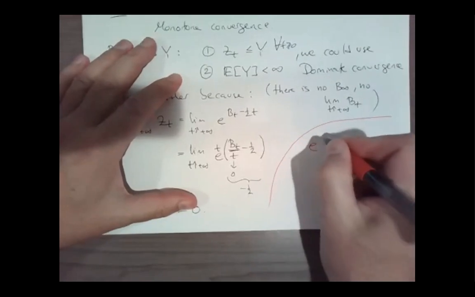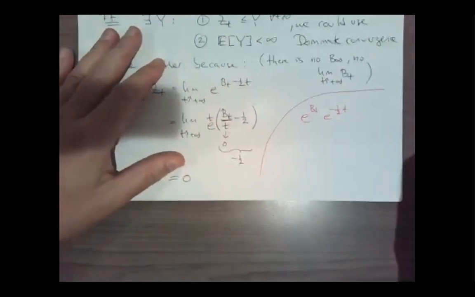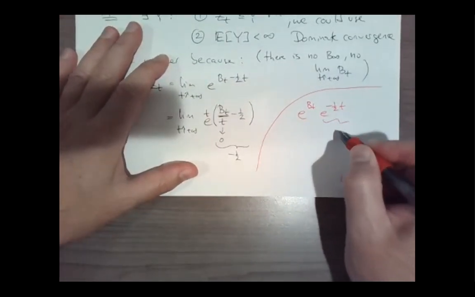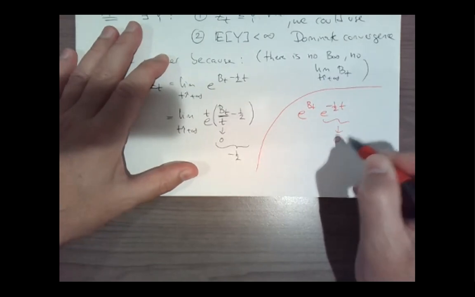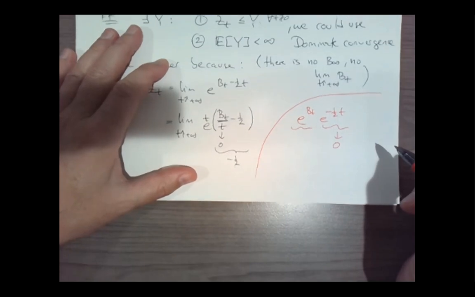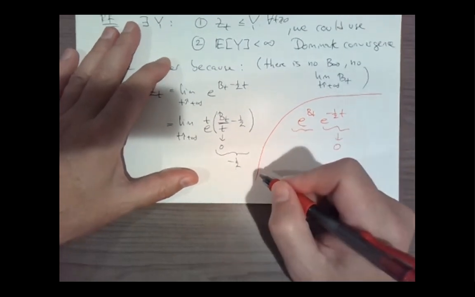Your suggestion is to write this as e to the B_t times e to the minus 1/2 t. Yes, it's correct that this second factor is going to go to 0. But does it matter if we know it's being multiplied by 0?